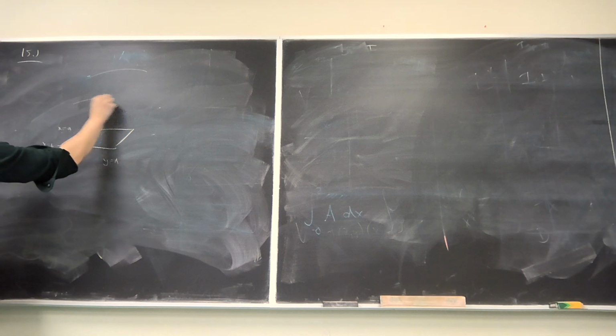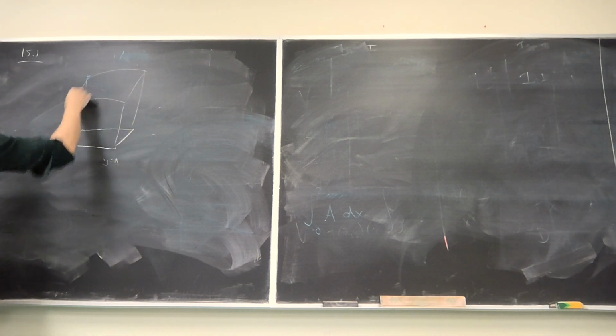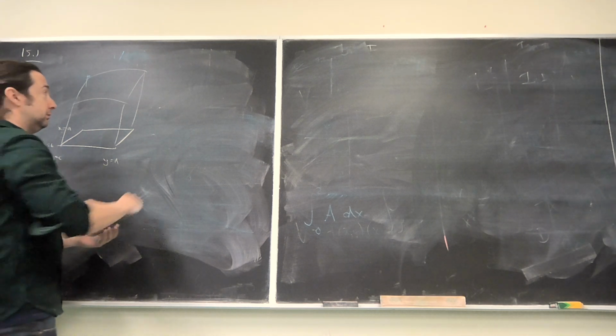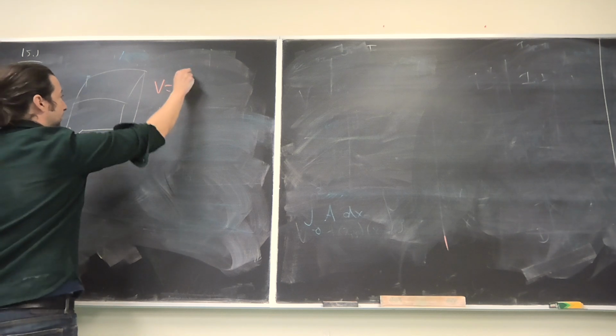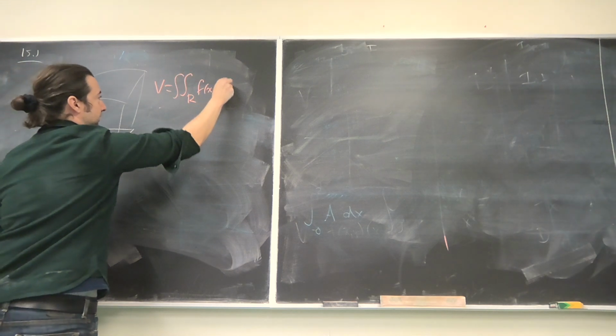you can imagine that you've got this sort of figure sitting over the top of it. The volume of that figure could be calculated with an iterated integral. So the volume is equal to the double integral over the rectangle R of f of x and y dA.